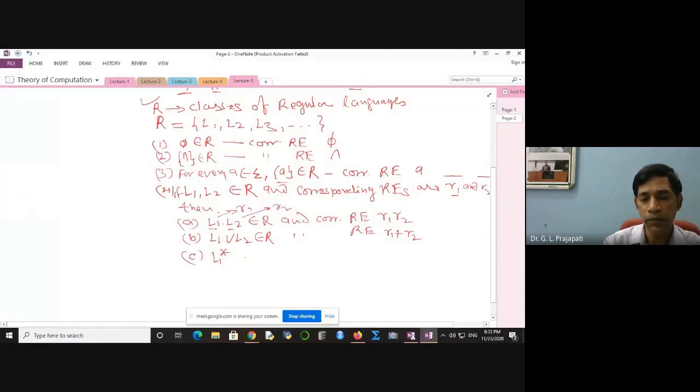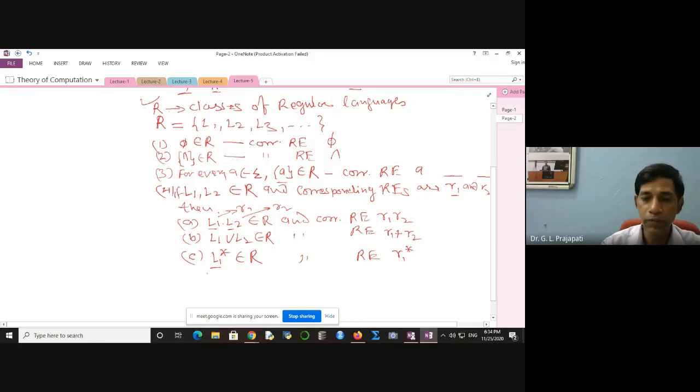L1 Kleene star is also a regular language. If you have some regular language L1 and you make the Kleene star of it, the resulting language is also regular, so you can write the resulting regular expression also. The regular expression for L1 is R1, so you have R1 Kleene star.